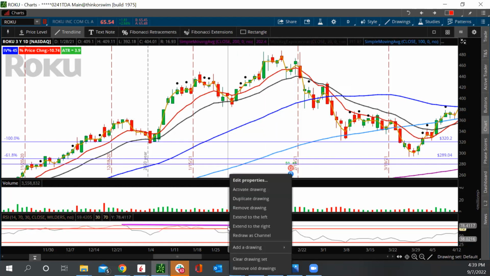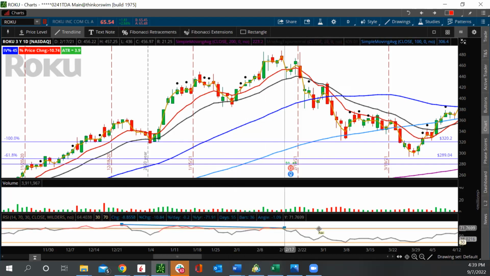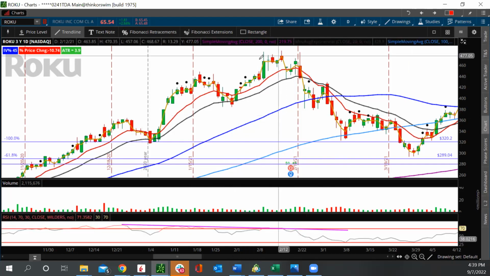Now if we put this on here, and all I'm doing is just connecting the high points, you can clearly see that this is going down, even with my stretched out screen, you can see that this line is declining, yet look at what price was doing, right? Price was going up while RSI was going down. So there's a divergence. So you can use the RSI in conjunction with the fibs to see if you were overbought and oversold.